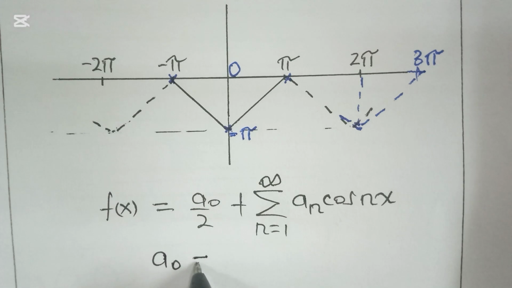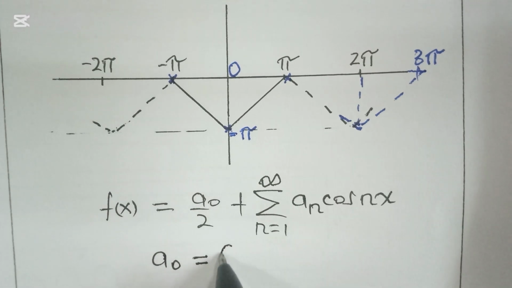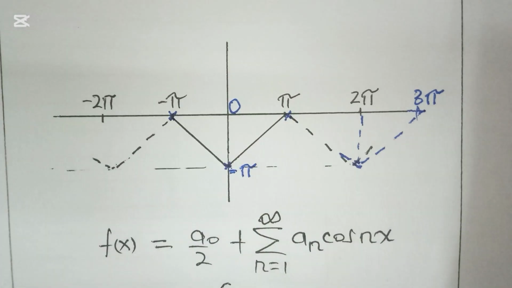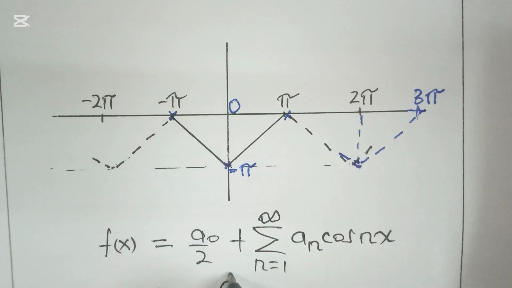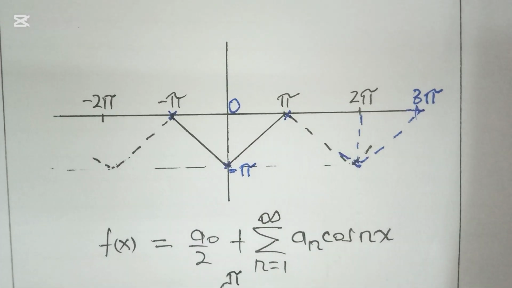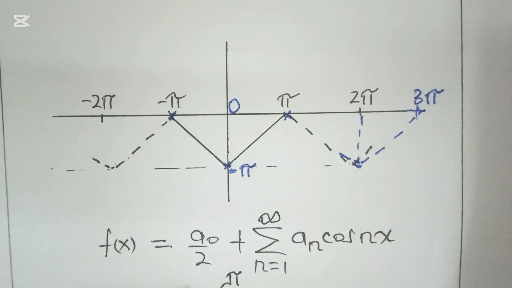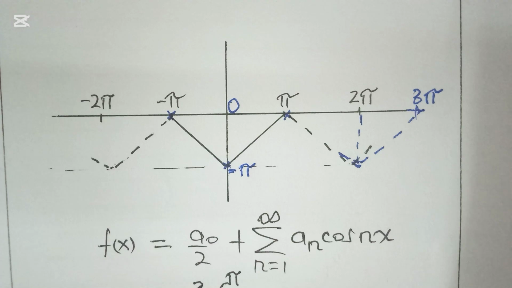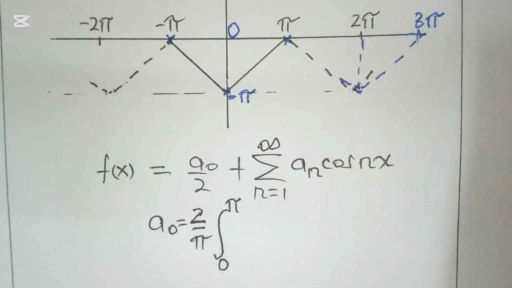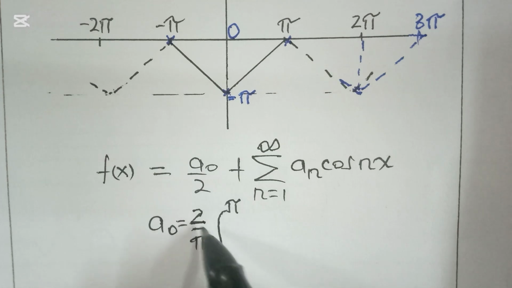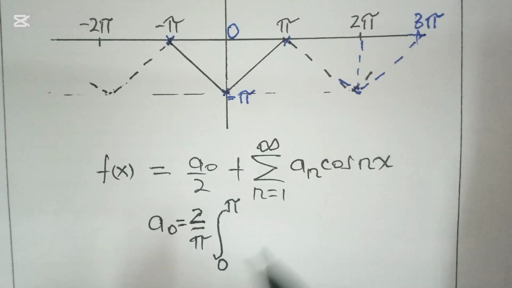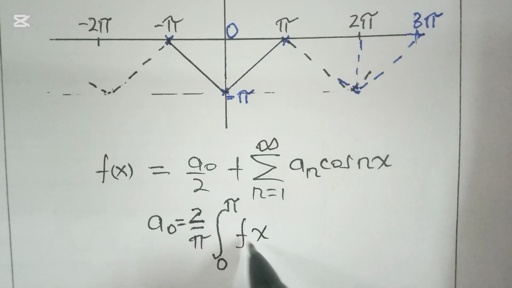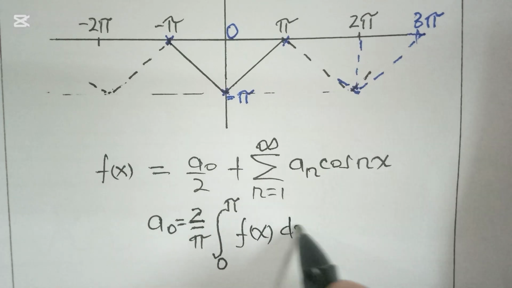So guys, after that, we establish our a0 first. This one will be like integral from 0 to pi, and because of that, guys, we are going to have here 2 all over pi. So that is our formula, and this one we have f(x) dx.